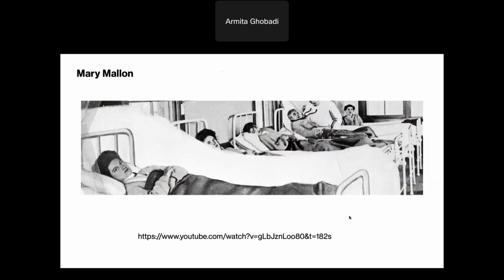Long story short, she was a cook for a rich family in New York City. The problem was she had typhoid and she didn't know that, or probably she knew, we don't know. But she would spread the disease everywhere and make every family in New York City that she cooked for sick. She did that for quite a while, and it caused an outbreak in the city.